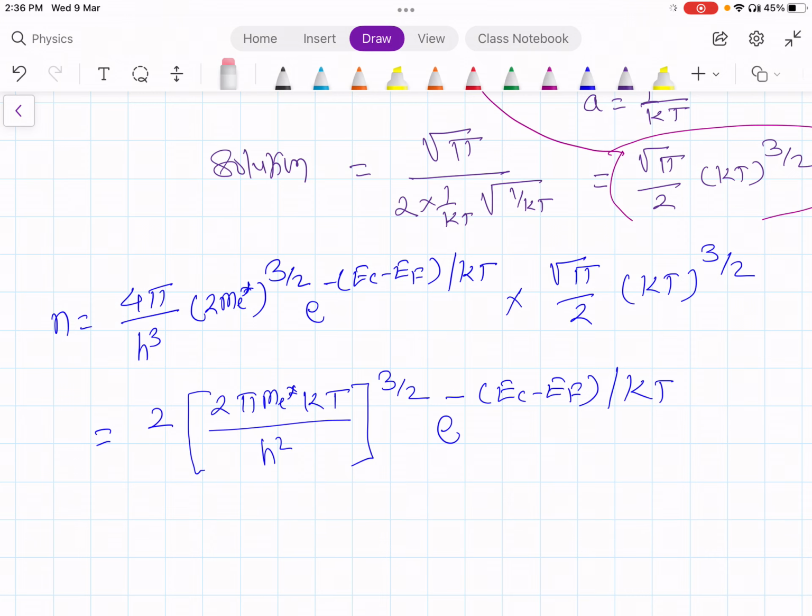These terms in the bracket are constant.